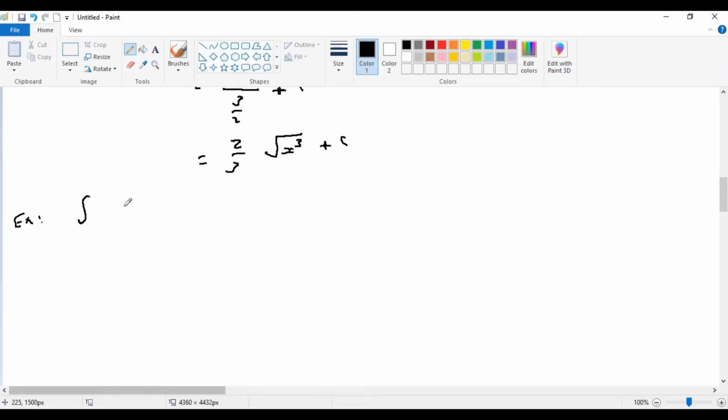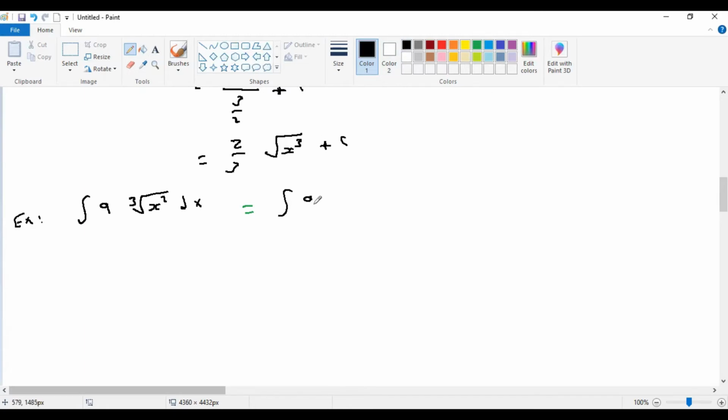Let us integrate the cubic root of x squared dx. So the solution is equal to k x^n. Now what is the x^n?